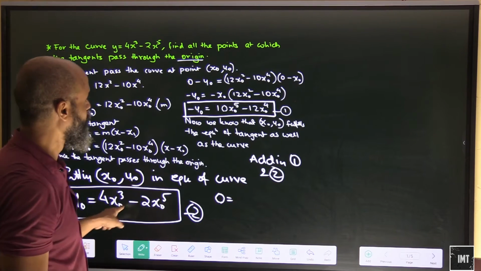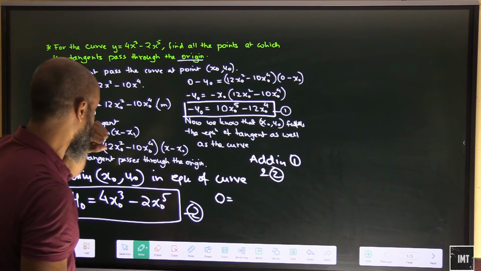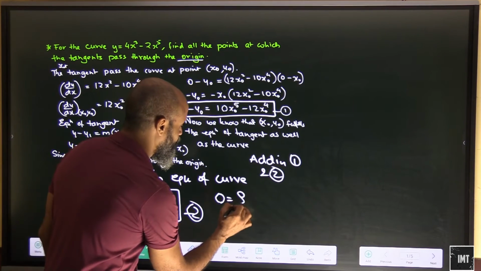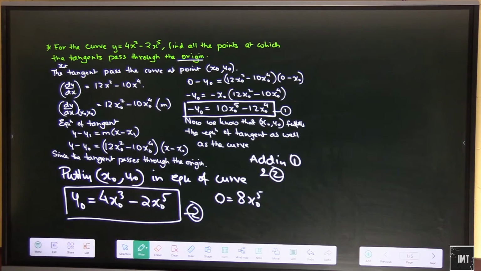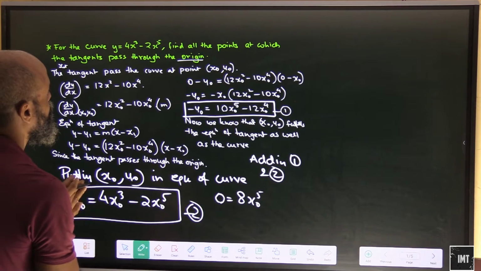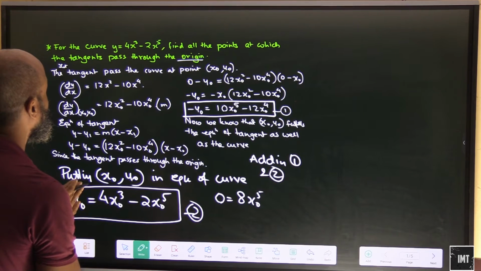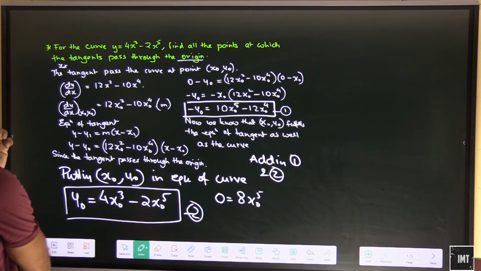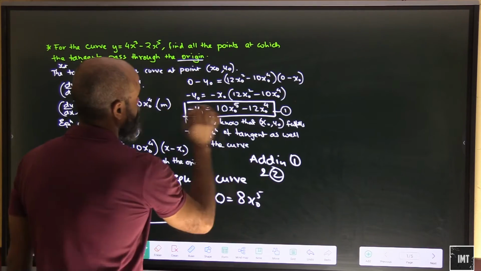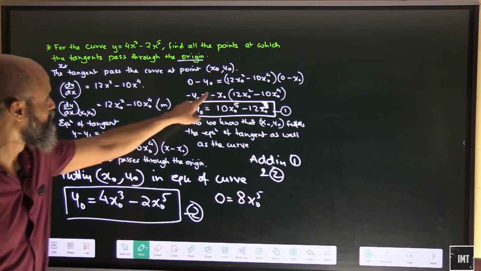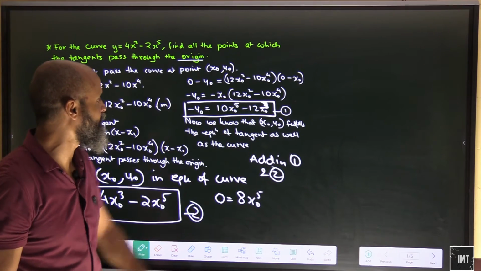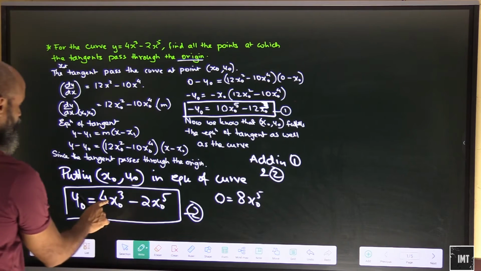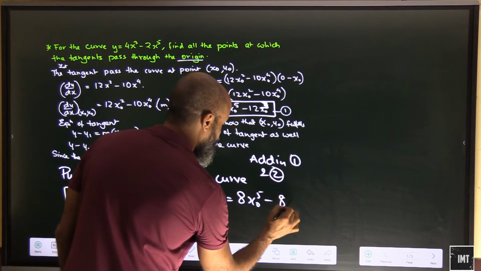We have 10x naught raised to 5 minus 2x naught raised to 5, and 12x naught cube, so here we have minus 12 plus 4, which will be minus 8x naught cube.